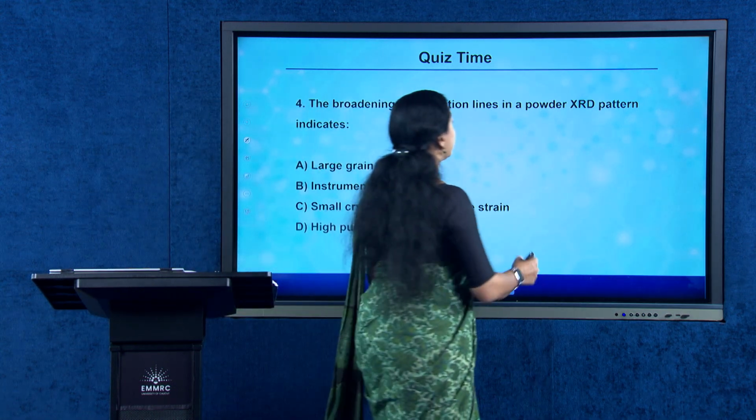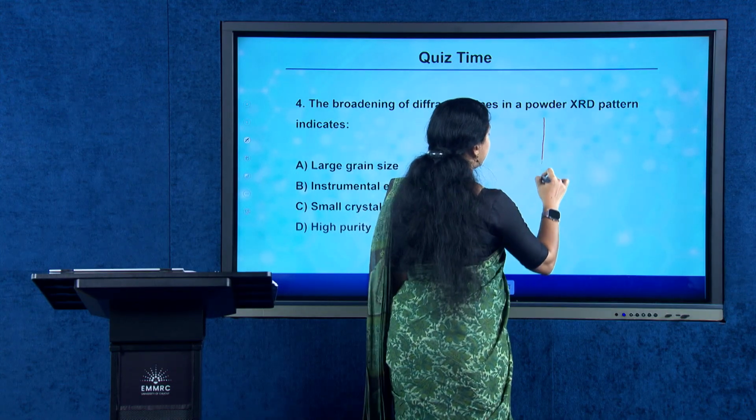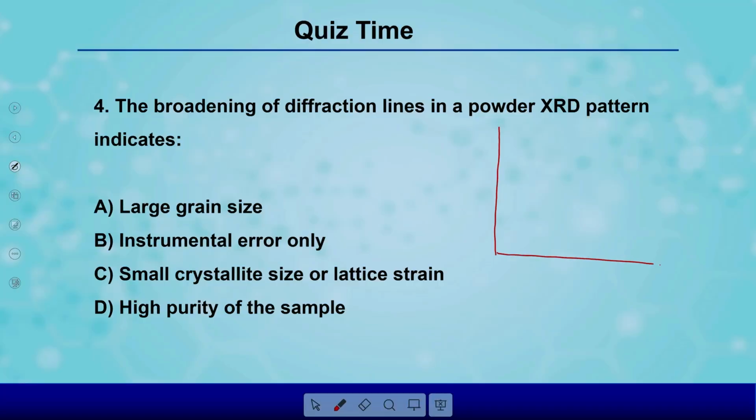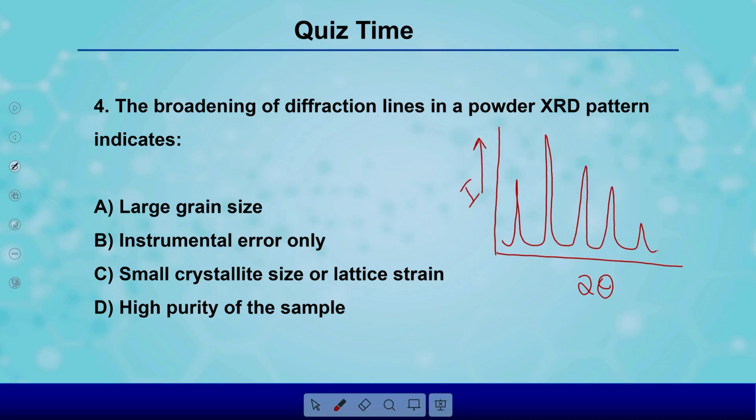So, during powder XRD, we can plot the intensity of the diffracted beam versus the Bragg angle 2 theta, and you will have the reflections from lattice planes that satisfy Bragg's law.